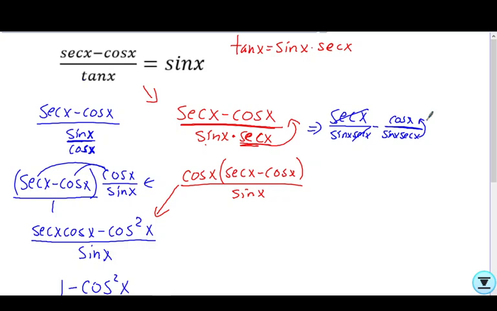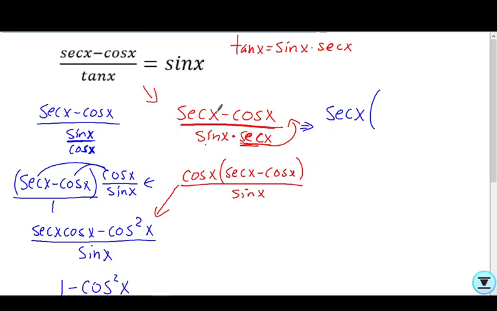But I'm going to do it a way that a lot of my students wouldn't think about doing it, and I'm going to force factor. So for instance, if I was here with sine times secant, and I see secant in the numerator, I could force factor the numerator by factoring out a secant from both terms.